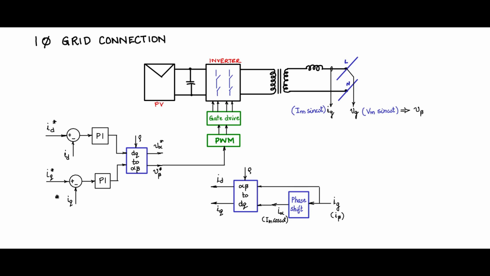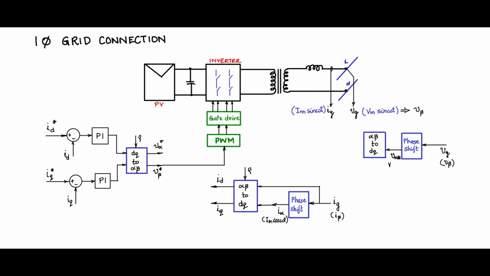Before we set these references, let us see how we are going to get these two rho. Let me use another phase shifter. The input to that is Vg, which is V beta, and I will use an alpha beta to DQ transformer.